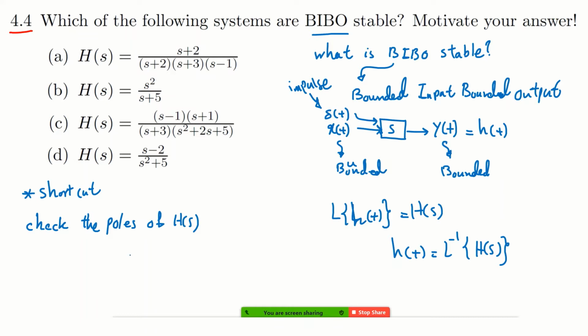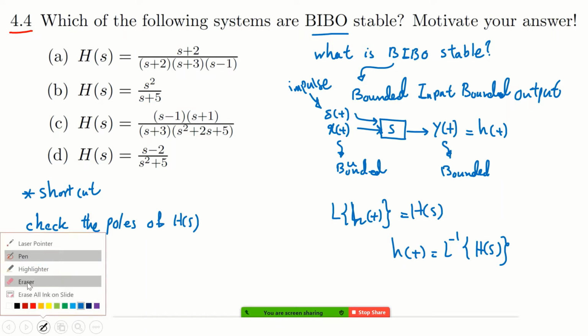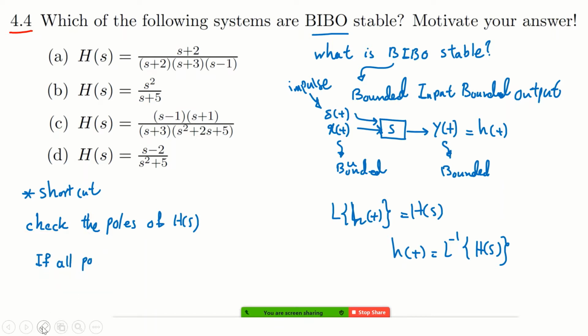If all poles have negative real part, then we can conclude that the system is BIBO stable. So this is a shortcut.